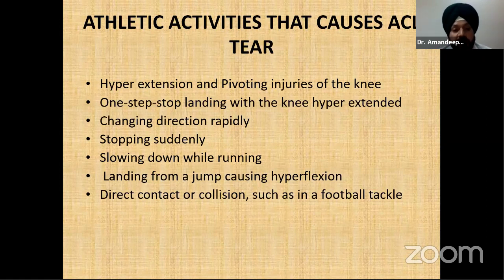When you are running and suddenly stopping, because of the inertia of motion, the body stopping suddenly puts a huge impact on the anterior cruciate ligament. Slowing down while running, landing from a jump, or direct contact or collision, such as a football tackle, can all cause injury to the anterior cruciate ligament.